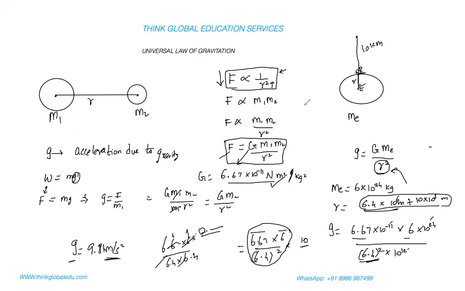This gravitational force works as a centripetal force because it makes the object move in an elliptical orbit, as in the case of Earth. We can equate mv squared by r, the centripetal force, with the gravitational force to find unknown values, for instance the mass and the radius of the Earth.